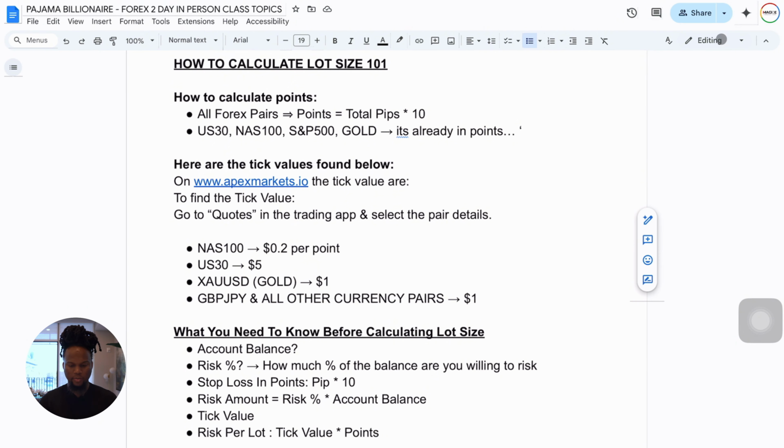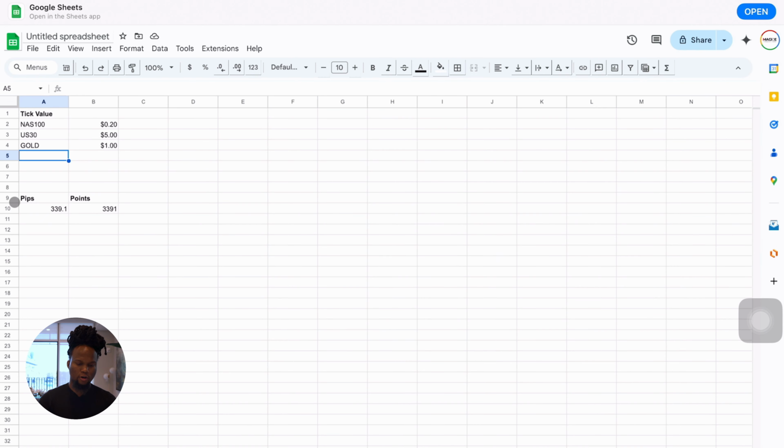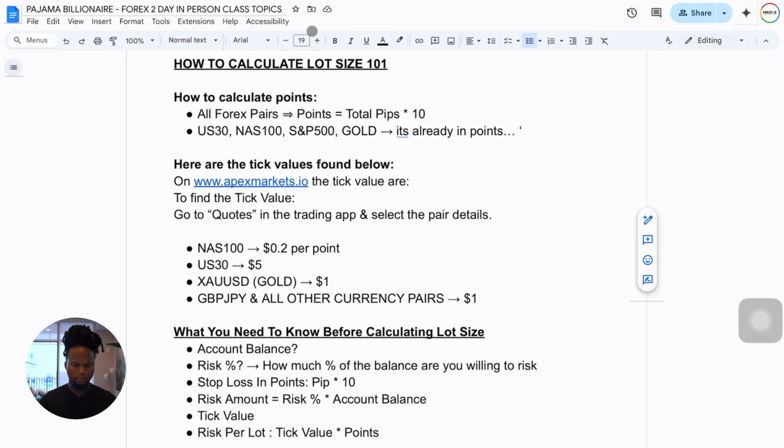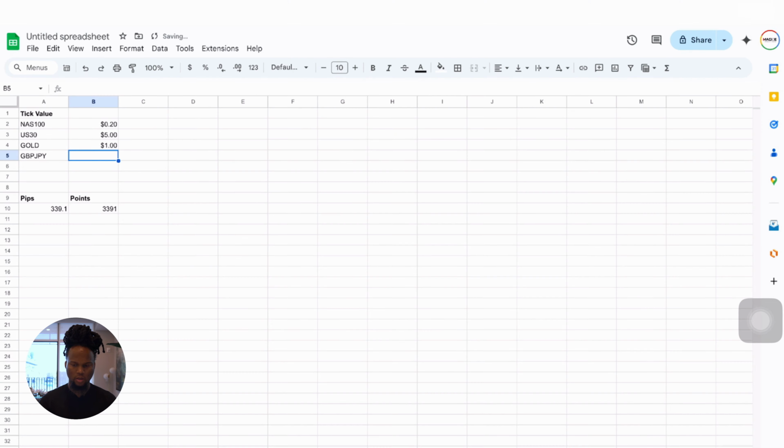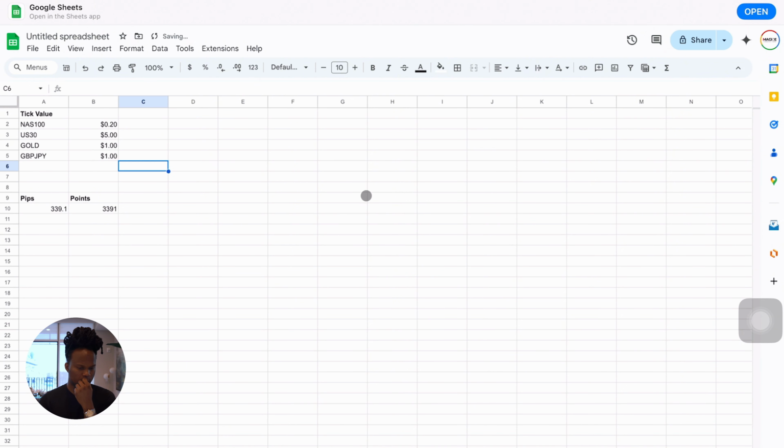And GBP JPY, the best of them all, and all other currency pairs, is $1 per point, right?